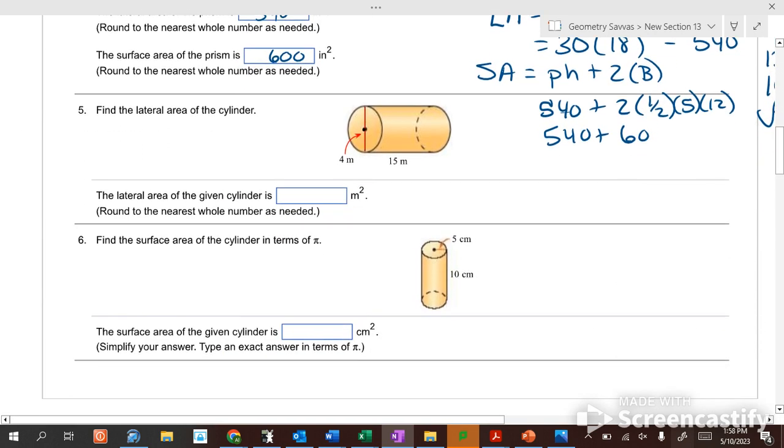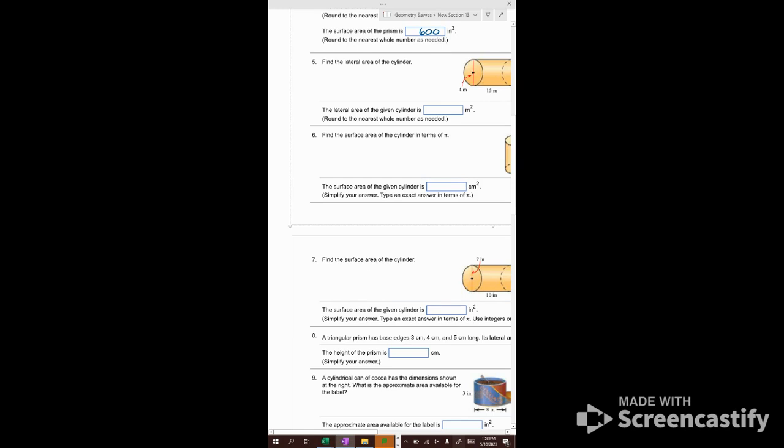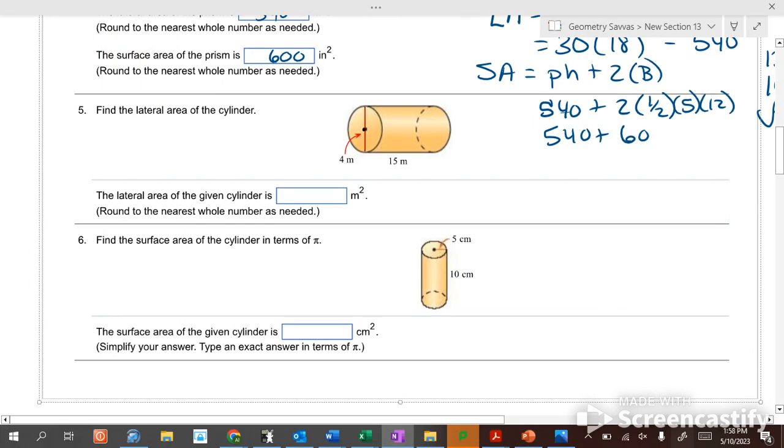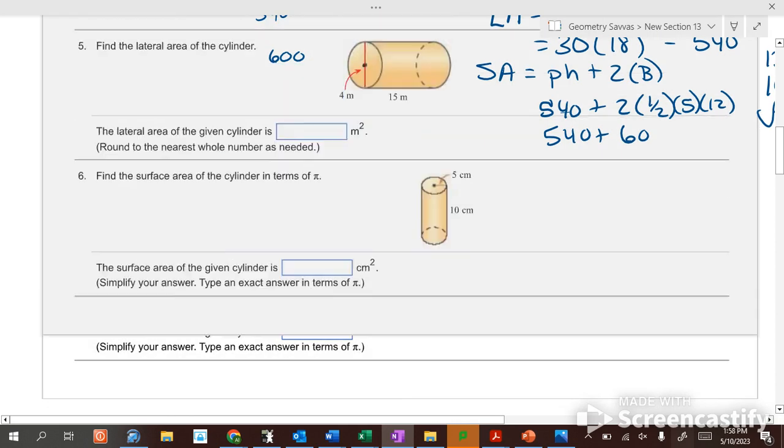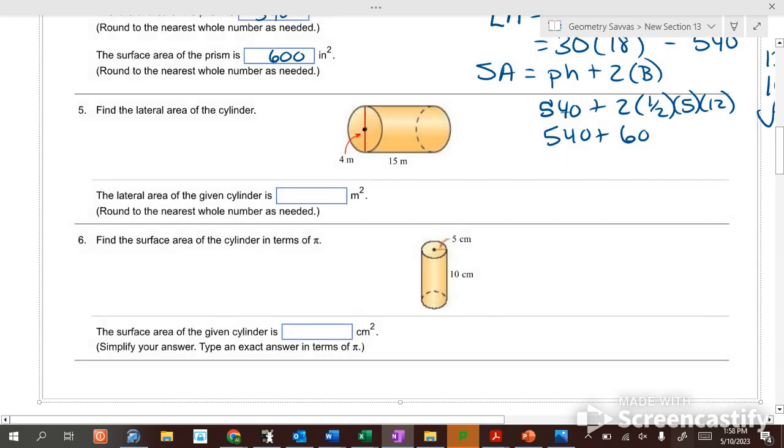Yep. All right. Lateral area of a cylinder, I trust that you can find. Surface area of a cylinder, I trust that you can find. So I'm not going to worry about doing those for you right now.